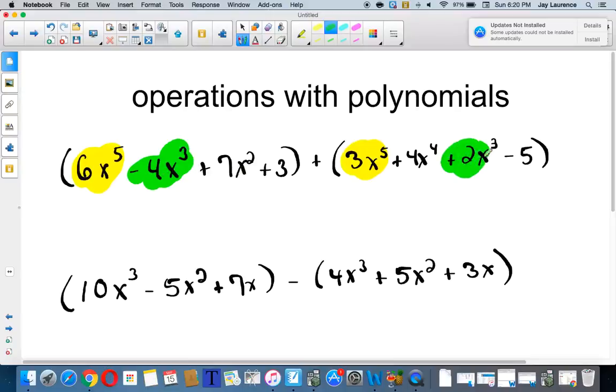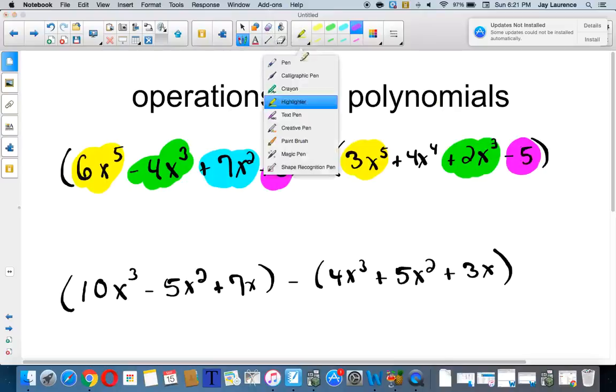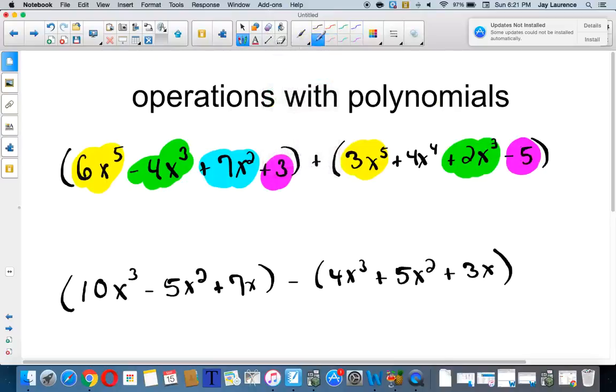There's another green one. Okay, my x squareds are going to be blue. And I grab the sign. Always grab the sign. Okay, there's no blue one in the other quantity. We'll do purple for my constants. And I don't really need to highlight that 4x to the 4th term because not being highlighted could count as a color of highlighting, right? You see what I'm saying?